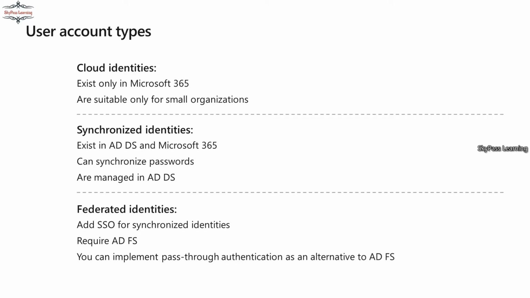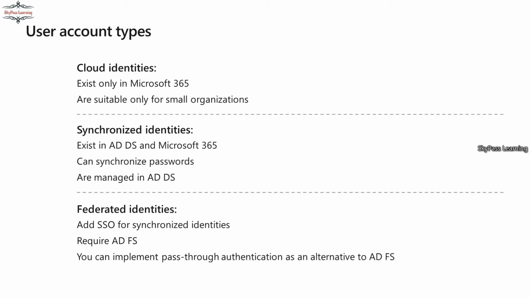In this scenario, it will create two objects in different locations: one is on-premises and the other object will be replicated or synchronized to the cloud or Microsoft 365, and both objects are linked together. It's automatically syncing and the administrator can define the synchronization, etc. I will show you how we can set it up and how we can define it. I will show you through Azure AD Connect, which is responsible to perform this activity.